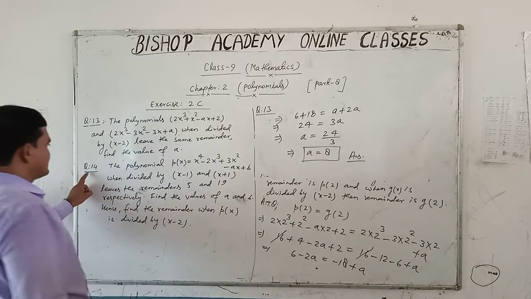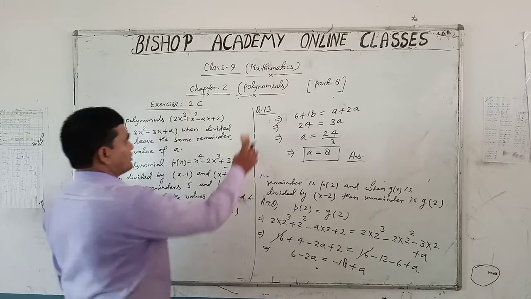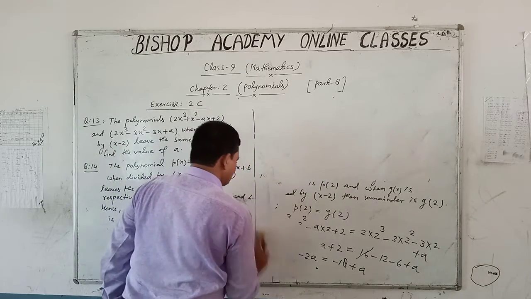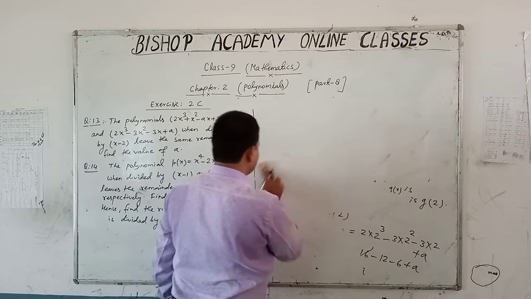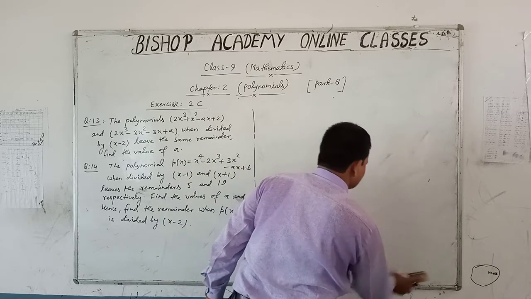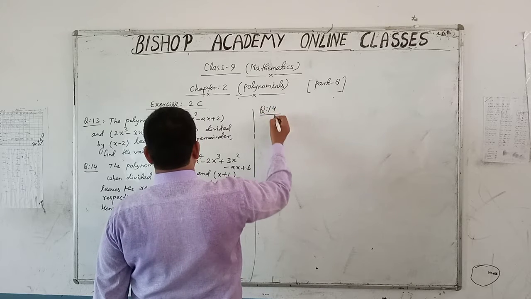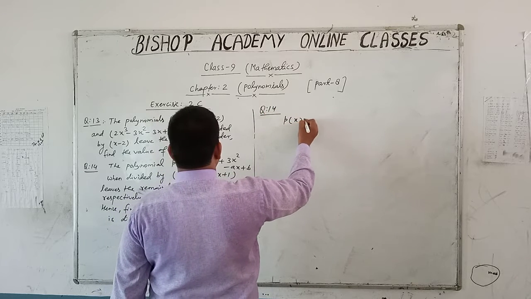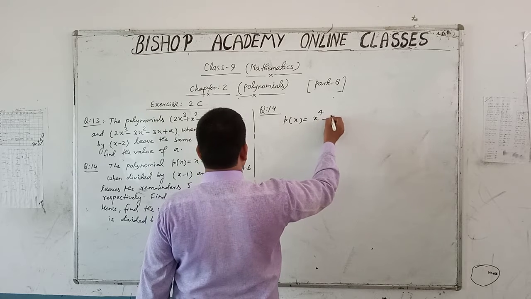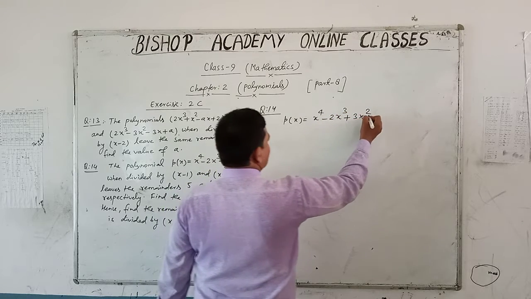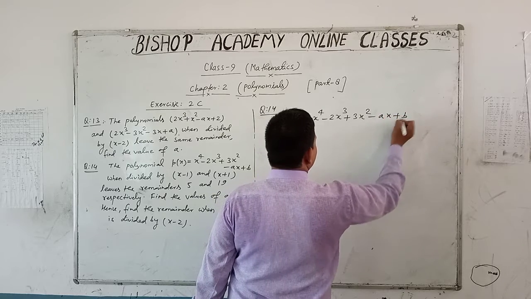Now student, we will solve question number 14. And in question number 14, it is given p(x) equal to x raised to the power 4 minus 2x cube plus 3x square minus ax plus b.